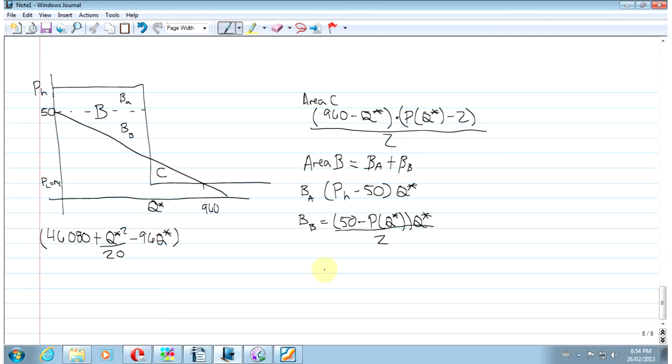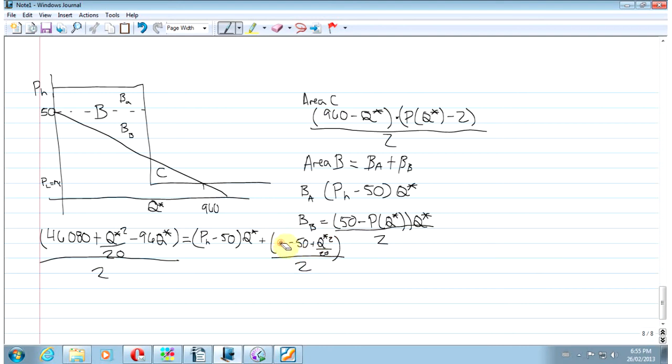And that has to equal, since this needs to be divided by 2, and I need area A plus area B, so that's just PH minus 50 times Q star plus the same thing, so 50 minus 50 plus Q star squared over 20, divided by 2.